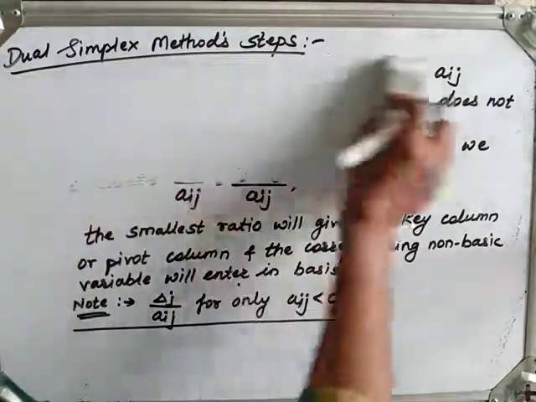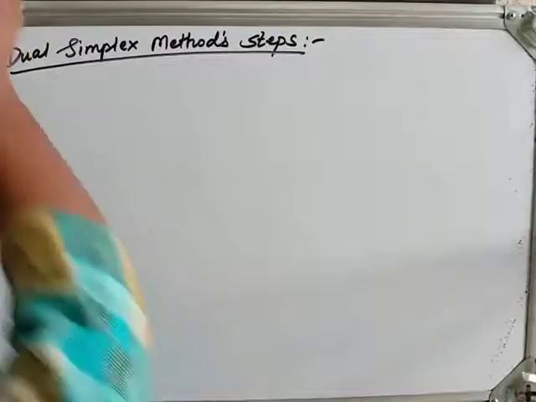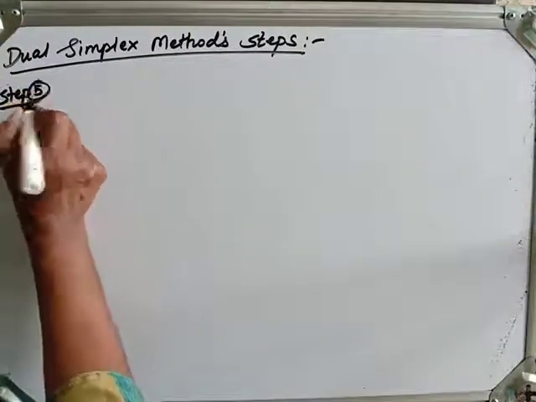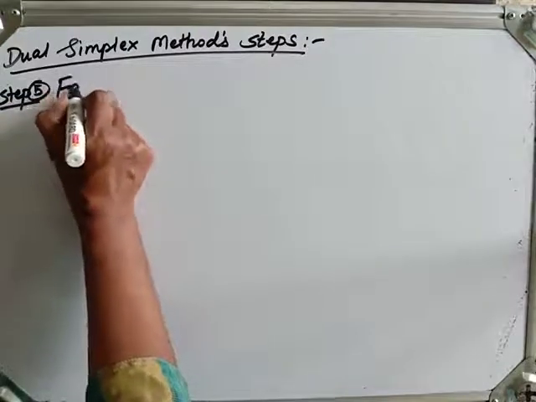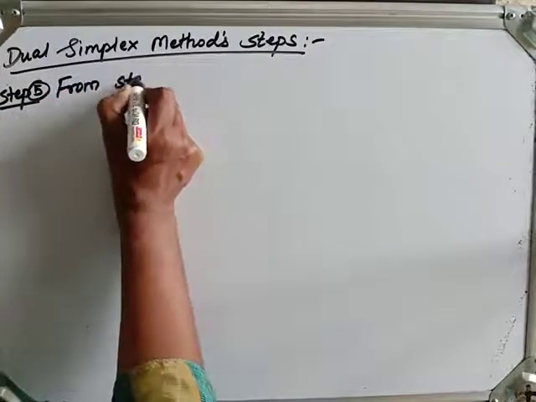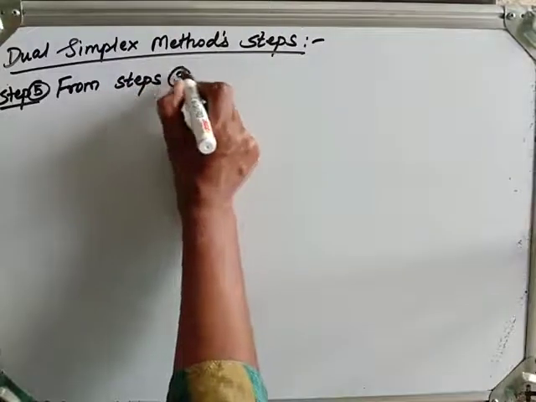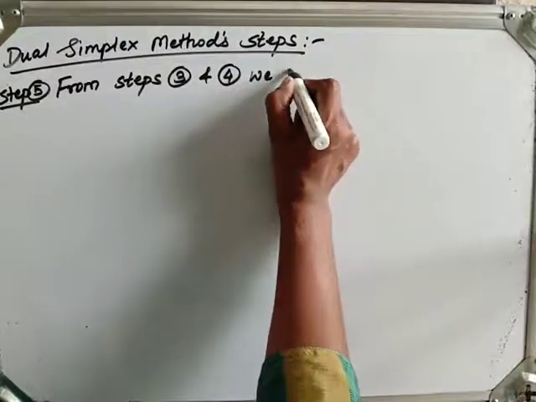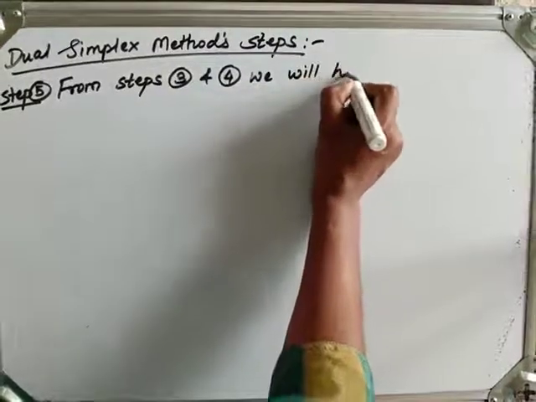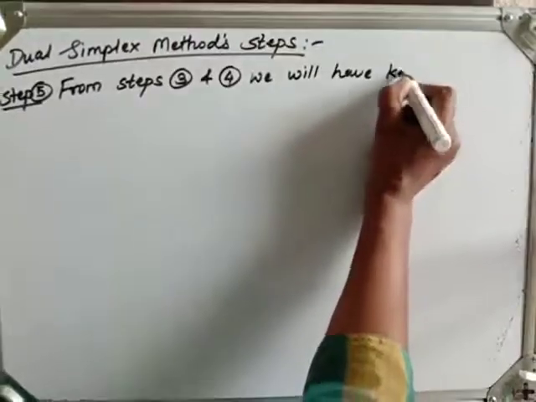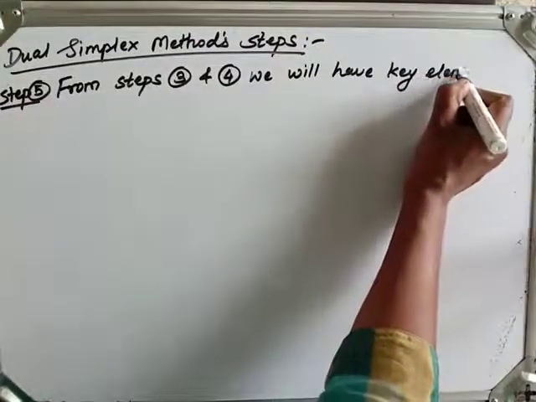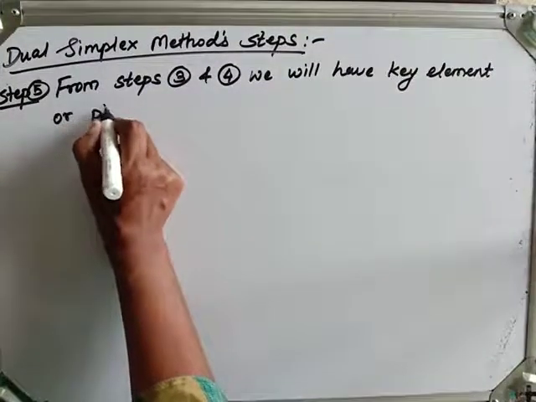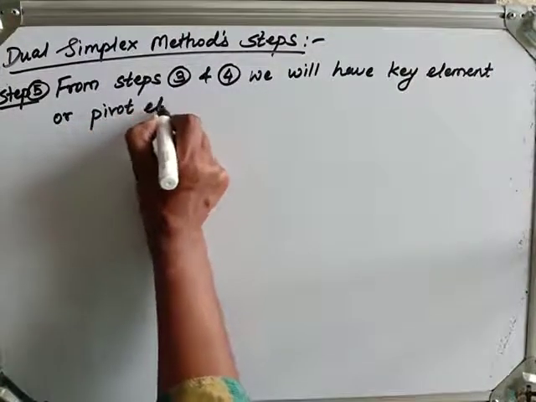Step 5 is about the pivot element. From steps 3 and 4, we will have the key element, or pivot element.